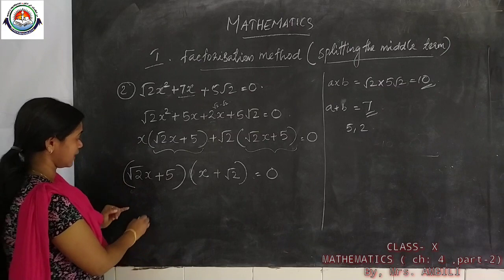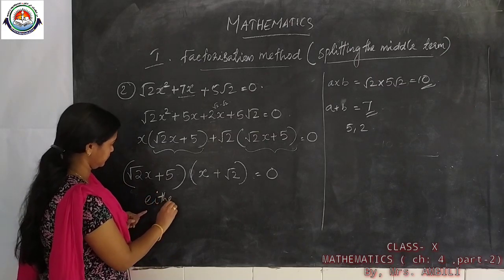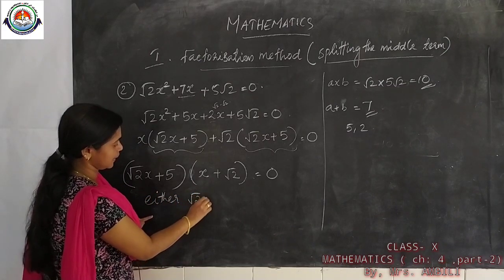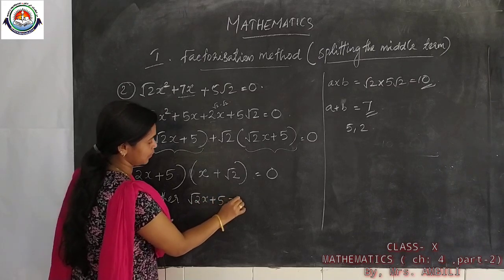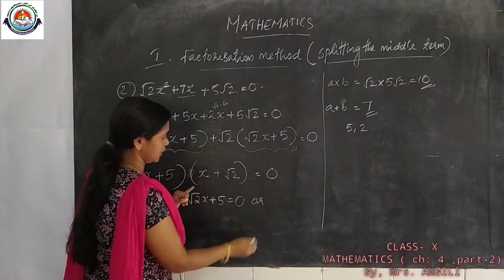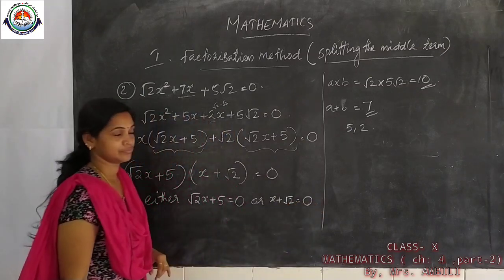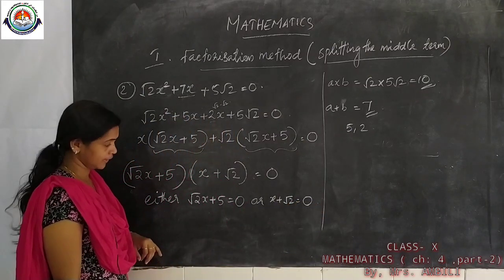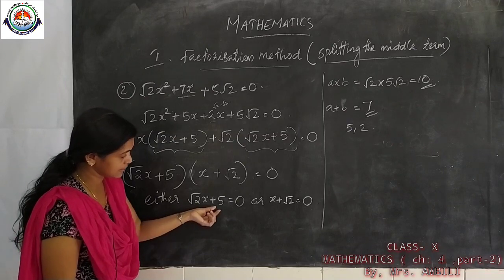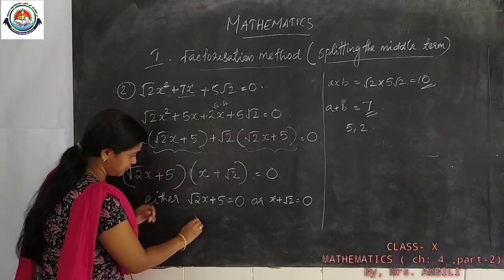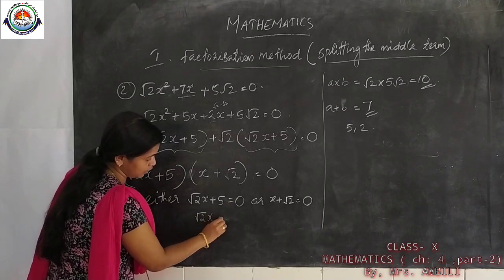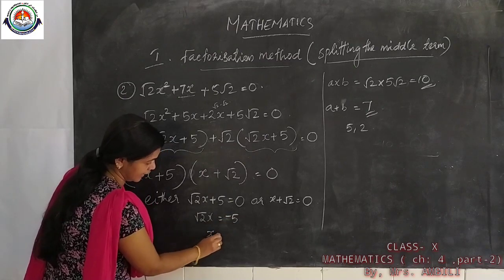Okay, so we can write either root 2x plus 5 equal to 0 or x plus root 2 equal to 0. If root 2x plus 5 equals 0, root 2x is equal to minus 5, what is x?